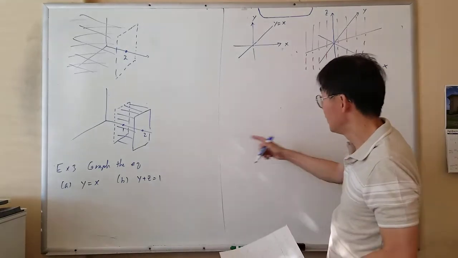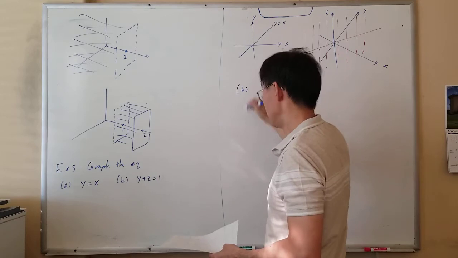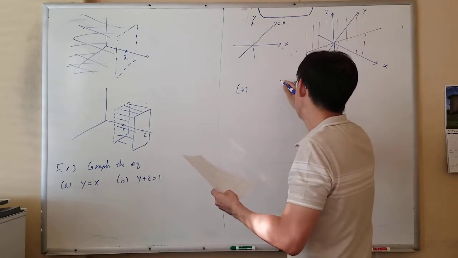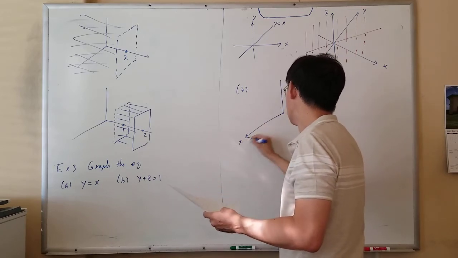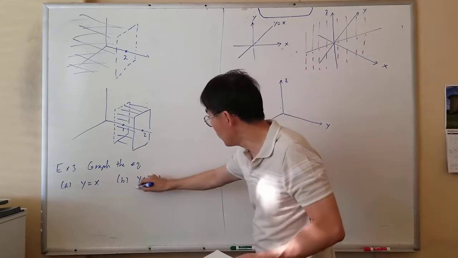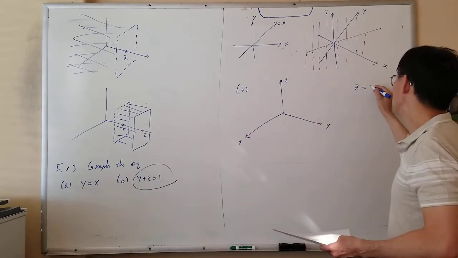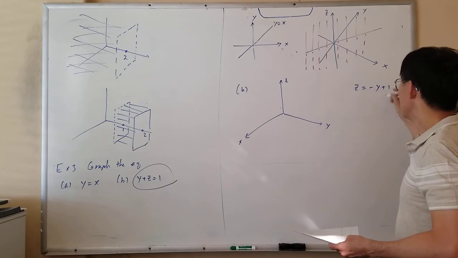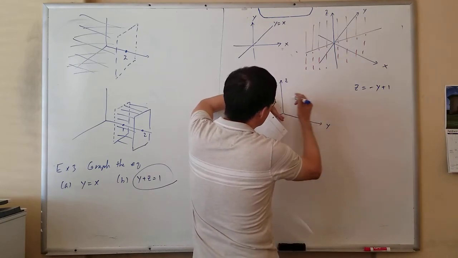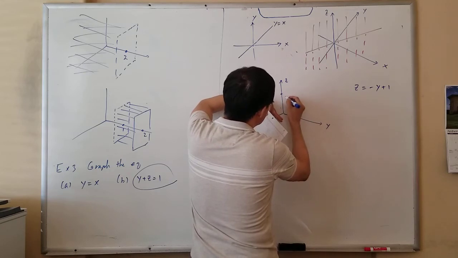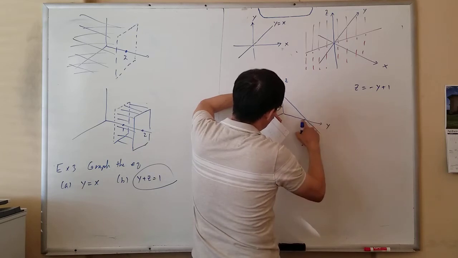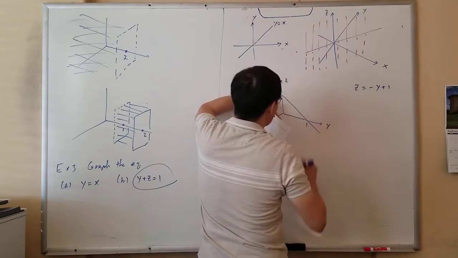What about this one? Same thing. This time, think about y and z. In the yz plane, this is a line, right? z intercept 1, going through y, right? Going through (1, 1).